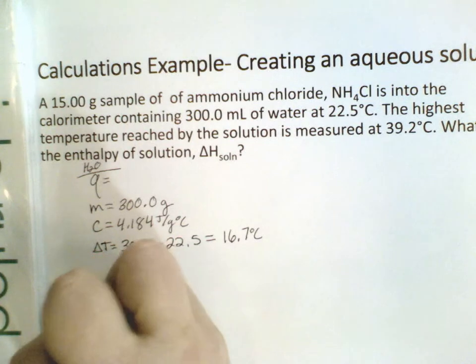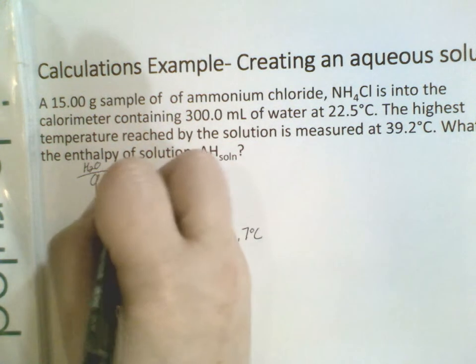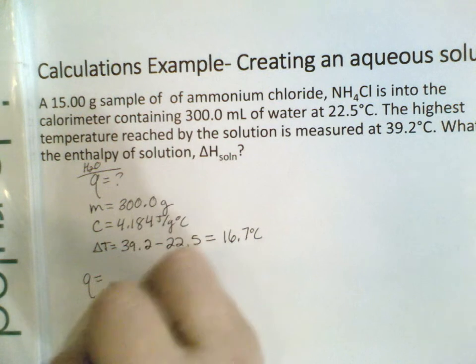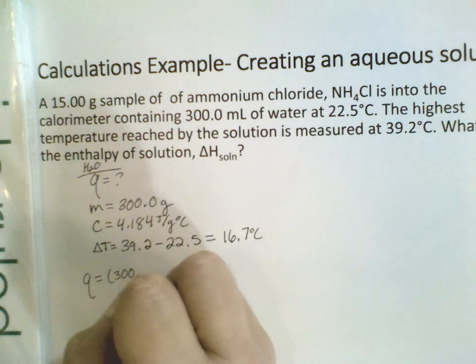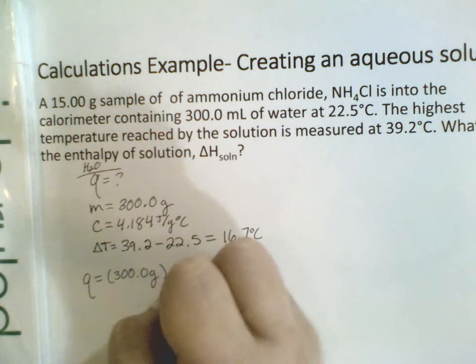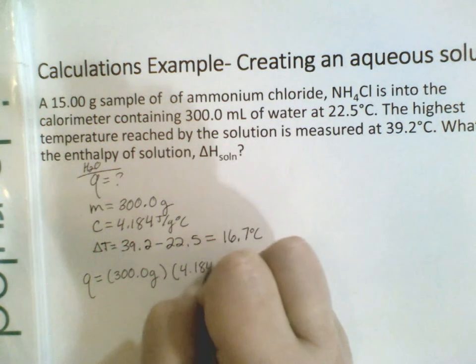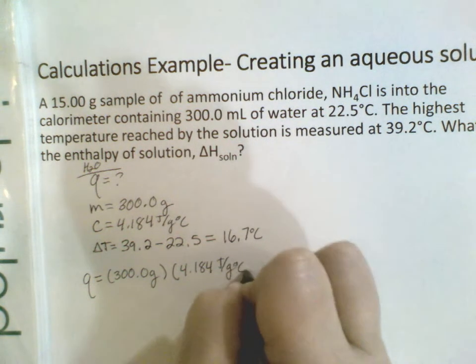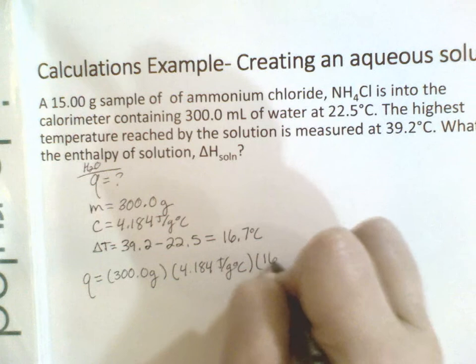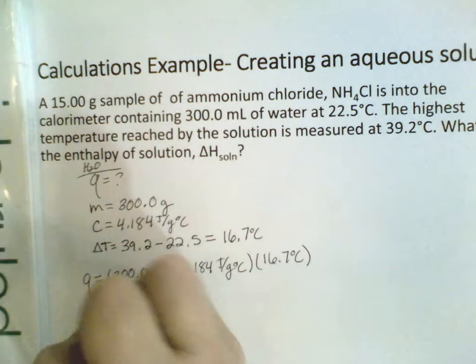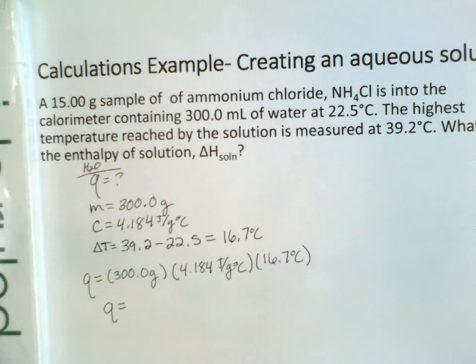So like our other problems, we can go ahead and find our Q value of our water: 300 times our specific heat, times our 16.7 degrees Celsius, delta T. Go ahead, pause it, and calculate it and check your answer.